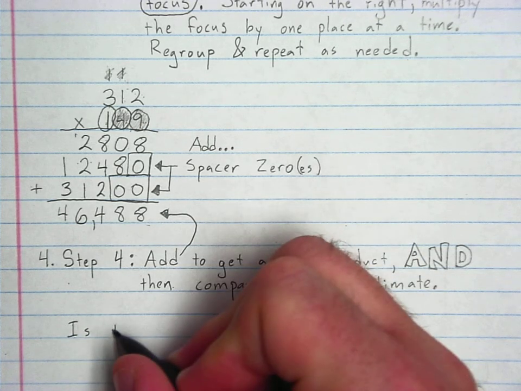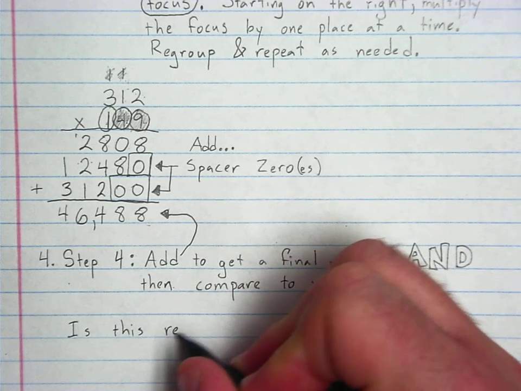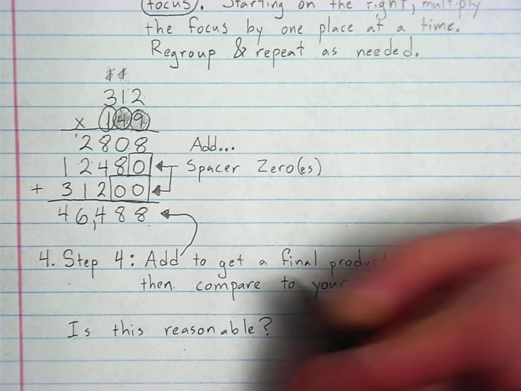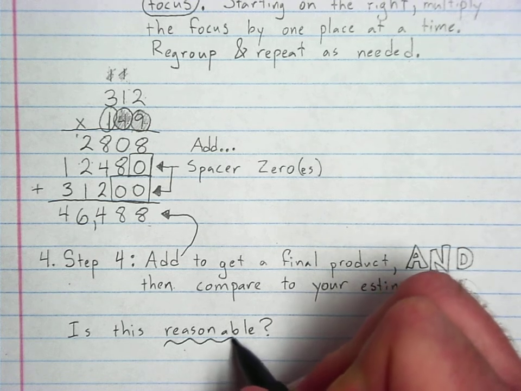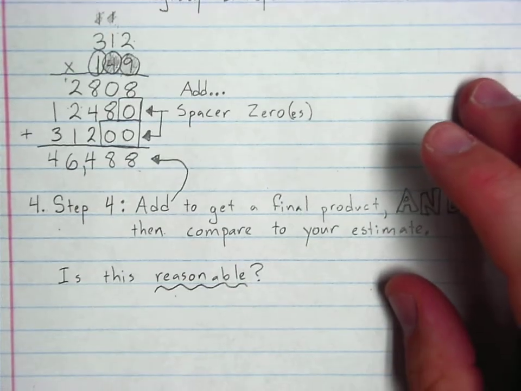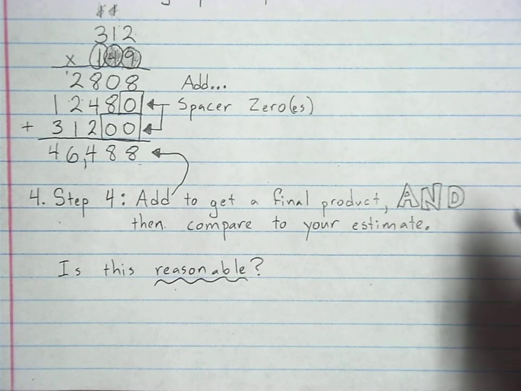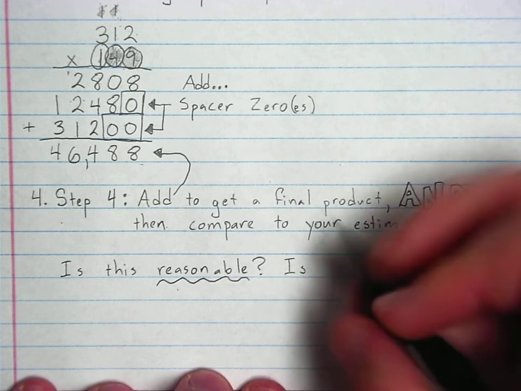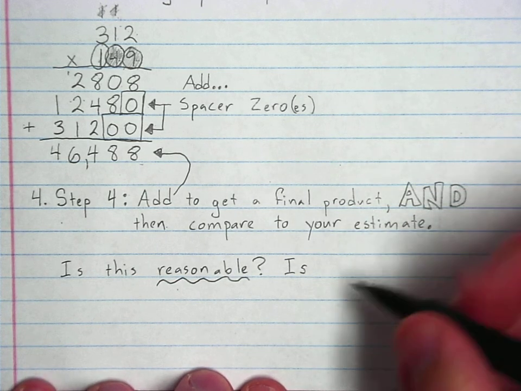Okay. I have to ask, is this reasonable? Does this look like it could be correct? I ask myself a second question, although I guess it's kind of the same question.